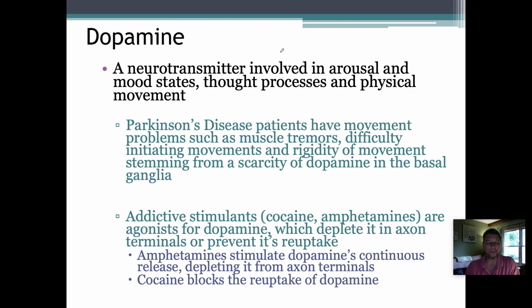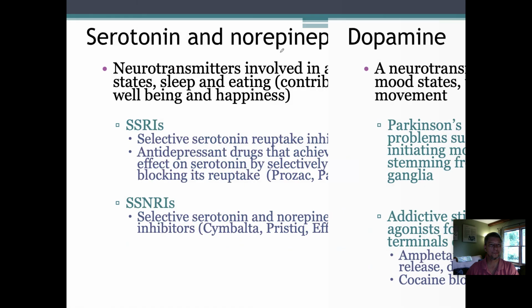And so amphetamines, for example, stimulate dopamine's continuous release, depleting it from the axon terminals. So it kind of hypes you up. It gets you overactive. Okay, cocaine blocks the reuptake of dopamine, and again, this will keep you very, very active. All right, hyped up. Okay, very high, if you will.